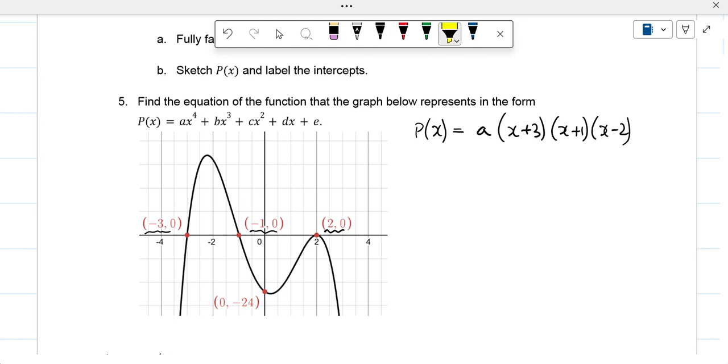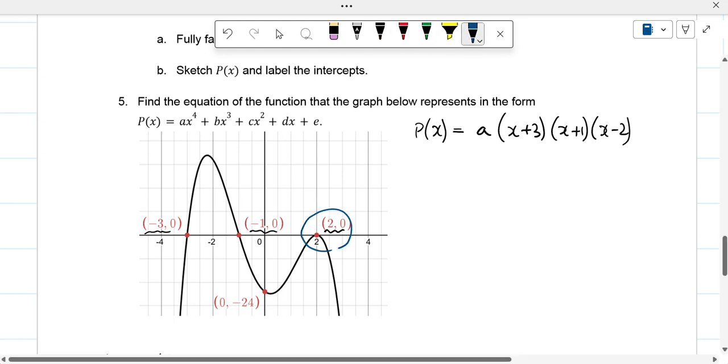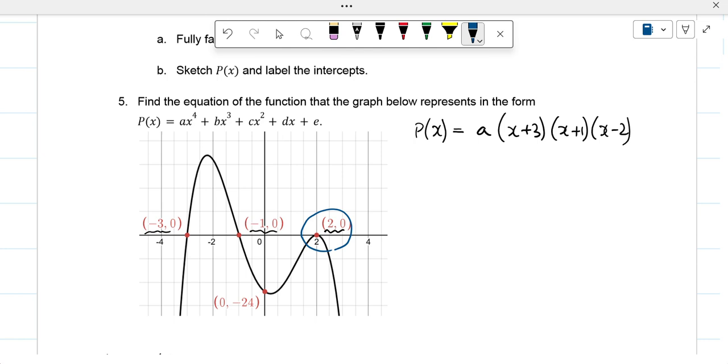Well, we need to pay attention to the special property at 2, 0. At 2, 0, the behavior of the graph near the x-intercept is quite different. Compared to negative 3 and negative 1, where the graph simply goes through the x-intercept, at 2, 0, the graph touches 2 and bounces back.